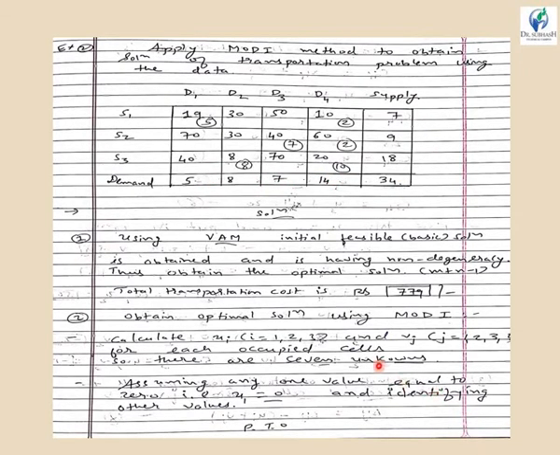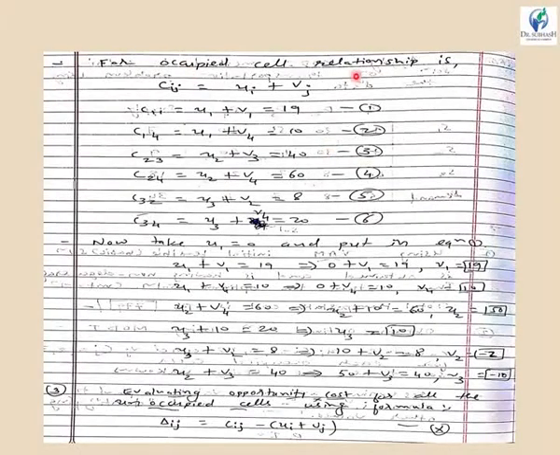In this case we are assuming U1 is equal to 0. You can assume any value equal to 0; there is no rule for that, but you have to assume one value is 0, and then you will get the values of the other variables. Moving to the next step, for an occupied cell we have the relationship Cij is equal to Ui plus Vj.